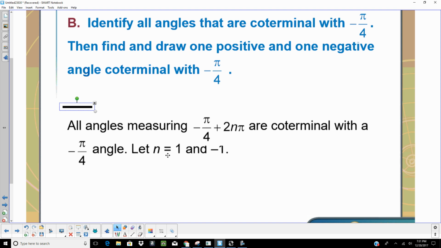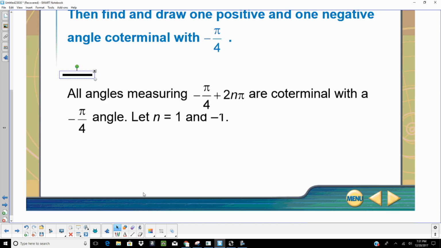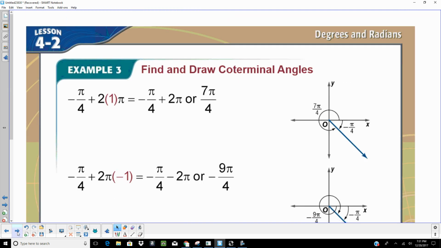So I'm going to let n equal 1 and n equal negative 1. So when I do the positive, I'm going to take and add 2 pi times 1. If you are a little shaky on fractions, you put that over 1 and you're going to have to get a common denominator. My common denominator is going to be 4.